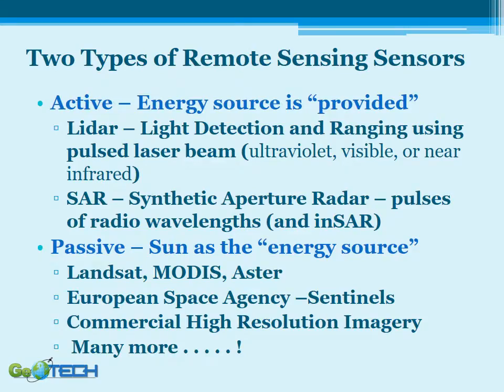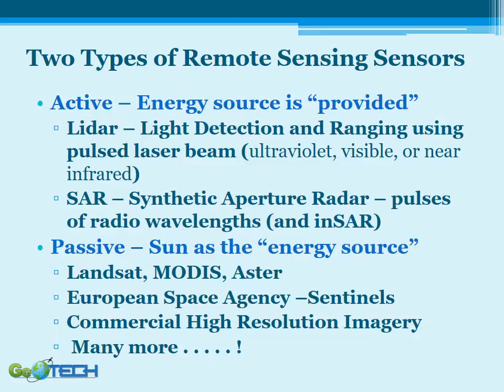There are really two types of remote sensing. One is called active and one is called passive. Now, for active, the energy source has to be supplied by the sensor. And that's where we come in with Lidar, which is a pulsed laser beam, or SAR, or INSAR, which is radio waves, either singly or in parallel.